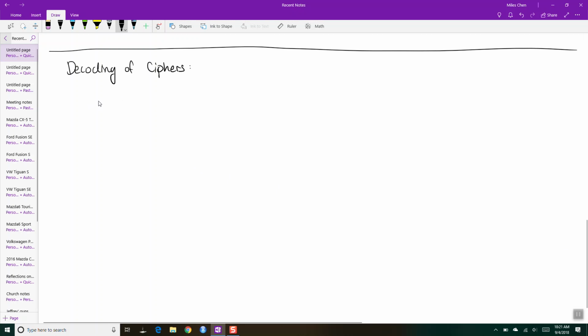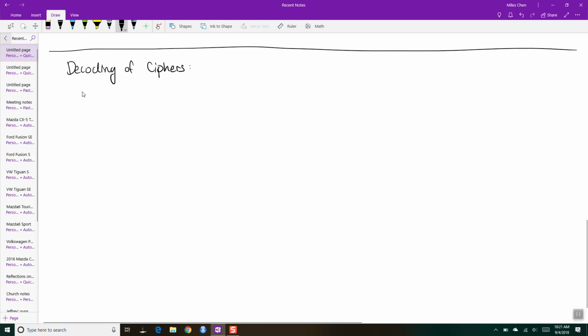So a cipher, this is where, maybe when you were a kid in 6th grade, when you were 10 or 12 years old, you had these fantasies of being a spy and you had to write secret messages to each other, right? Because you didn't want your sister to encounter them.